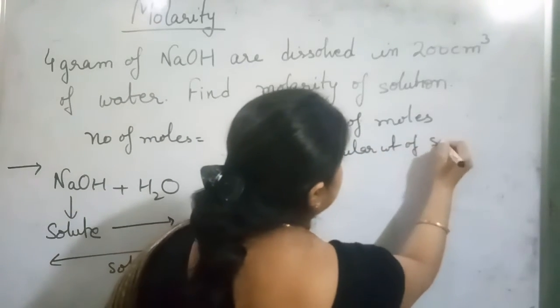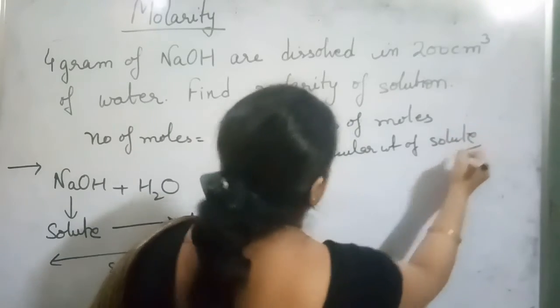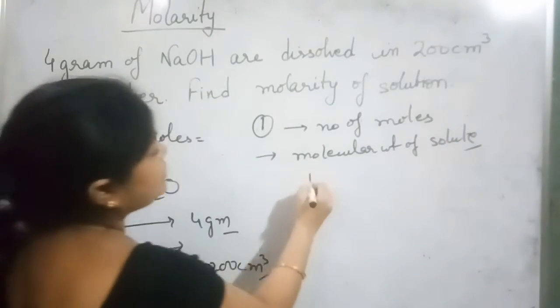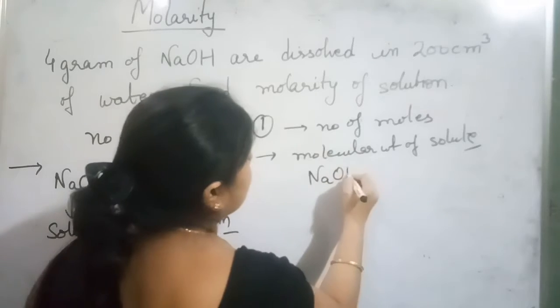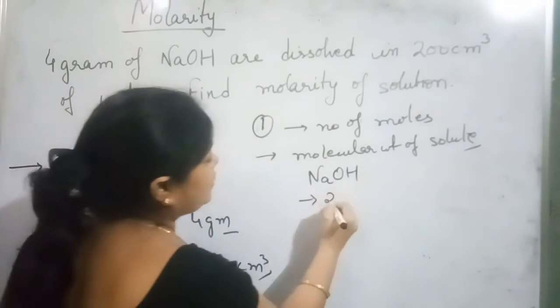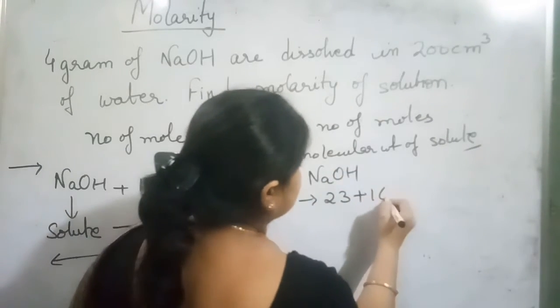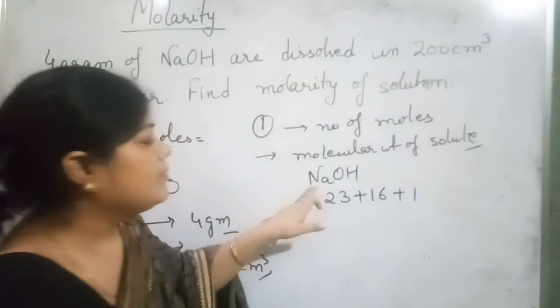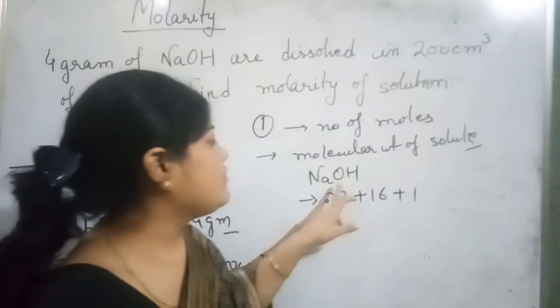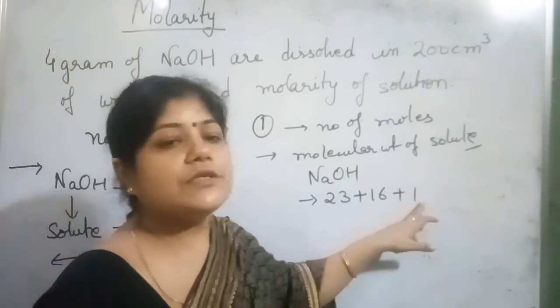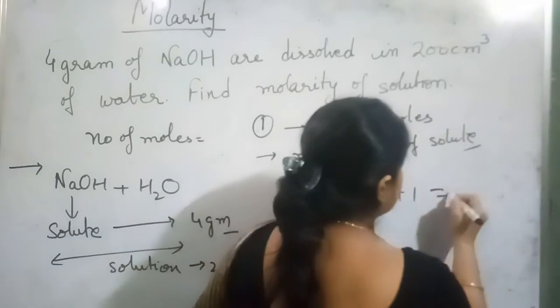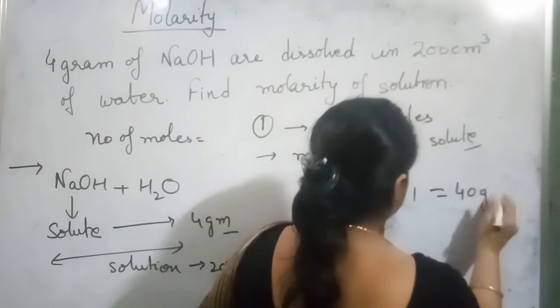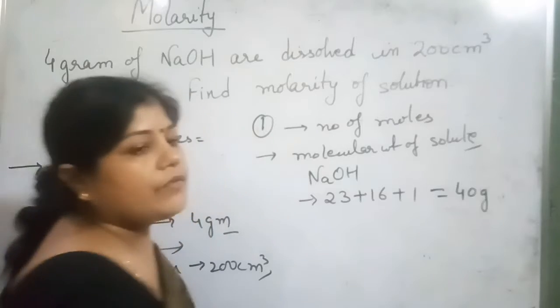Here our solute is NaOH, so we have to find its molecular weight. So we have 23 plus 16 plus 1. Molecular mass of sodium is 23, oxygen is 16 and hydrogen is 1. When we add all these we get 40 grams. Okay, this is the molecular weight.